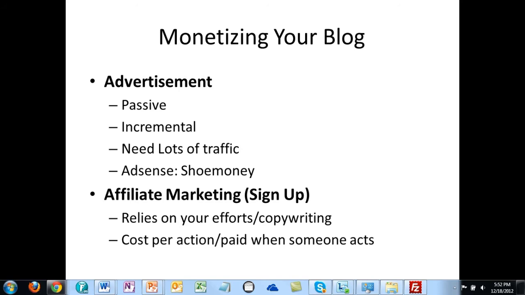Typically, when you are advertising on your site and somebody clicks on an ad, you get a portion of the actual cost, which turns out sometimes to be between 50 cents to $1 to $2, but it typically is not a lot of money. And so that's why, in order to earn a daily income, you've got to have a lot of people.